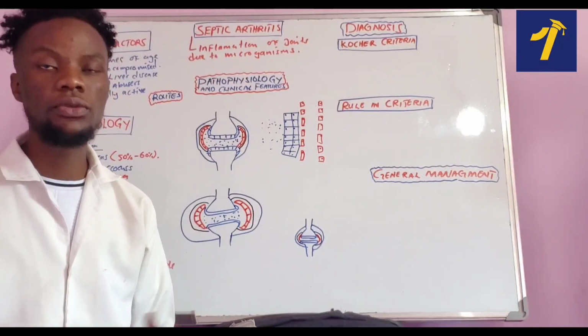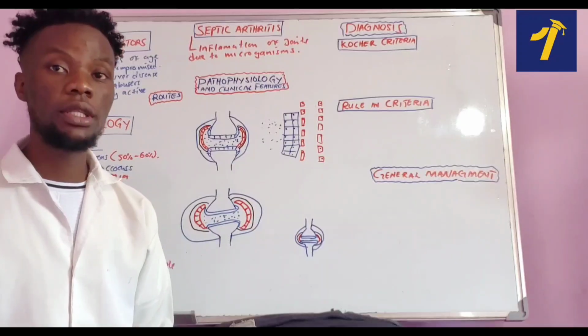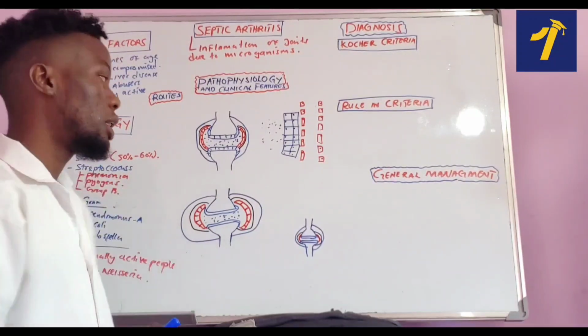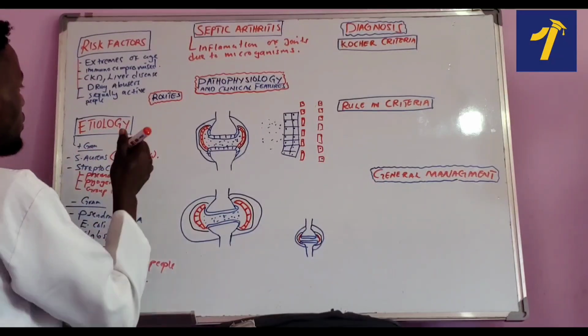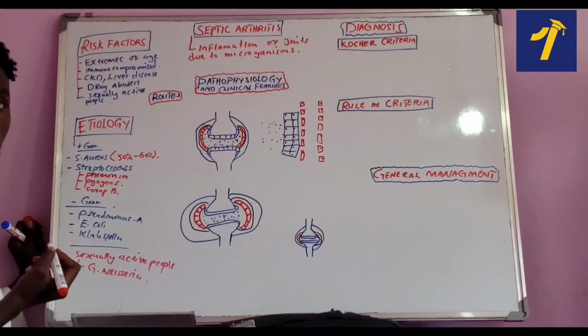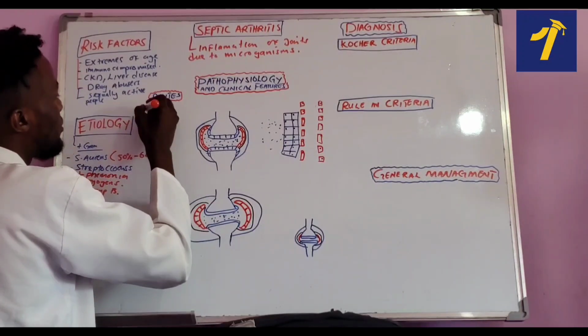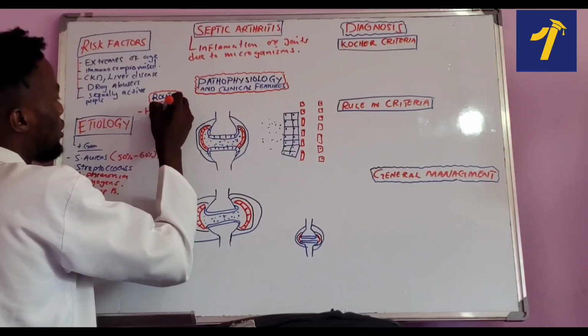How many routes do you know? We have about 3 routes which the microorganism can use to go into the joint. Let's start with the first one. The first one is the most common route that the microorganism uses. They use what we call the hematogenous route.